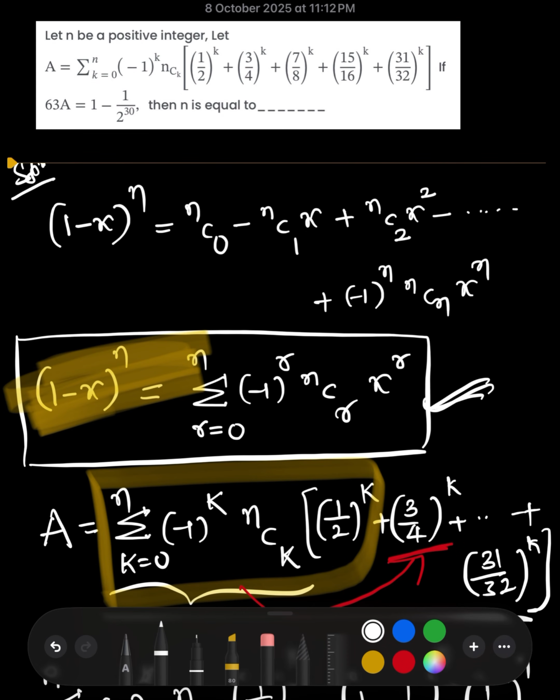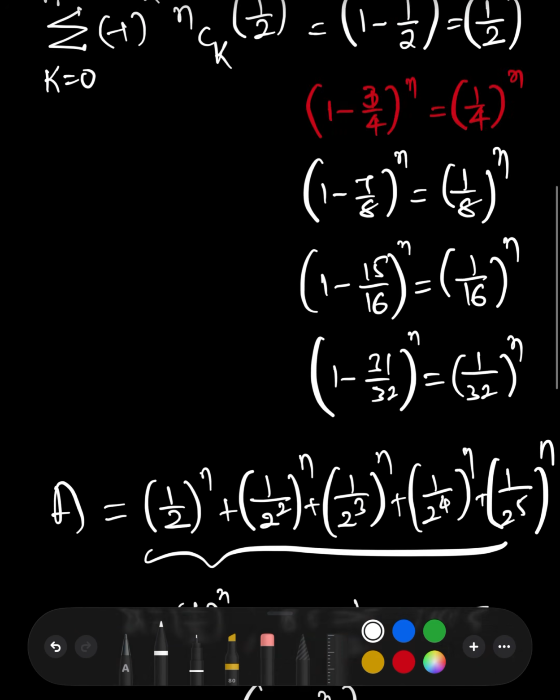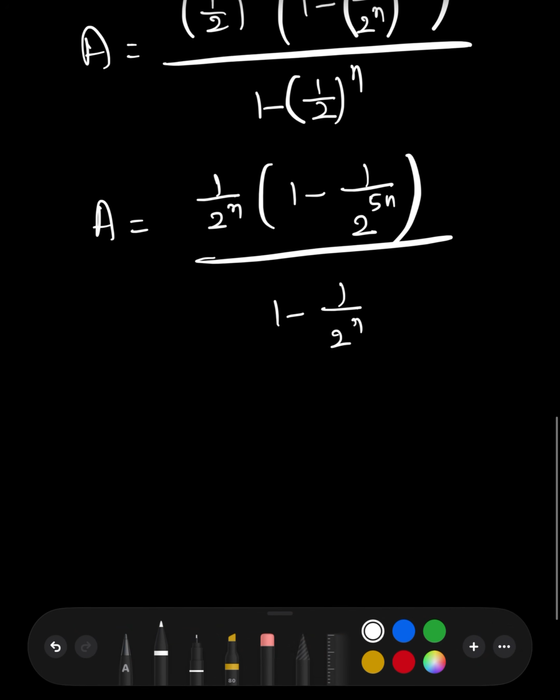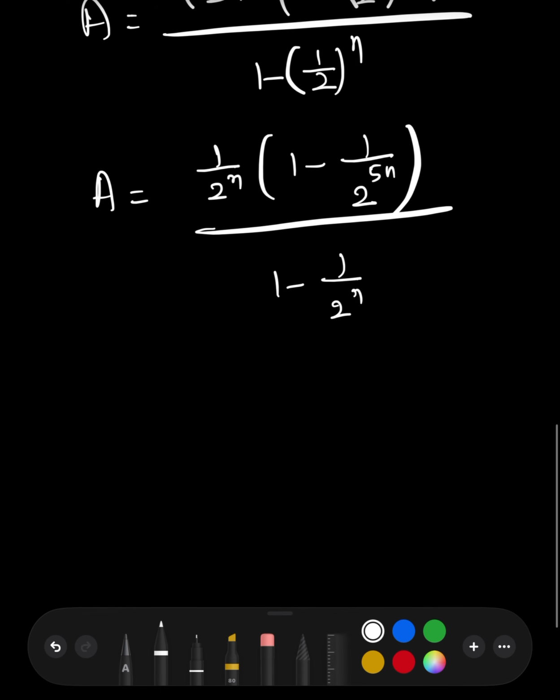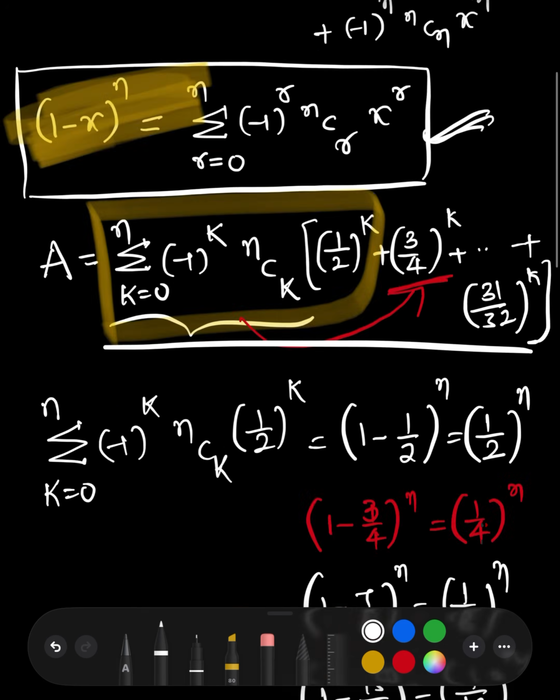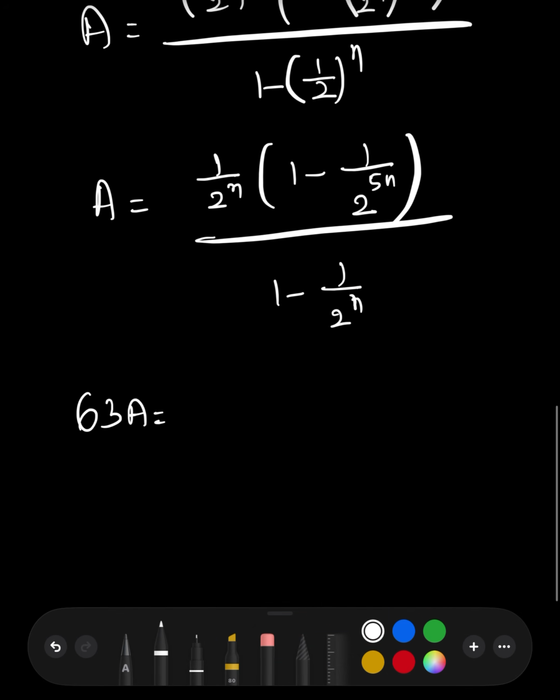We just want the value of n, and here they have given that 63A equals 1 minus (1/2)^30.